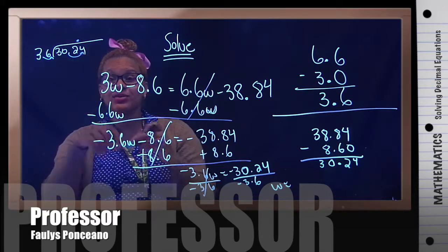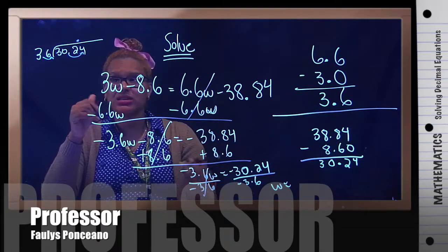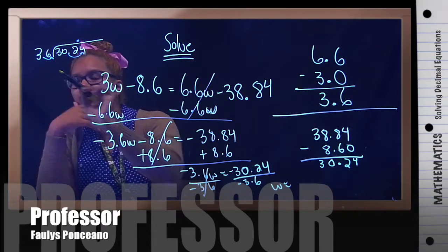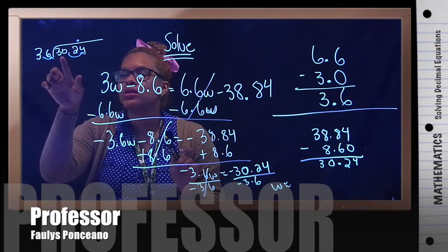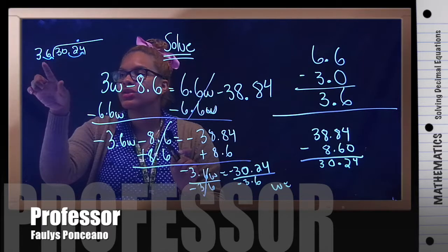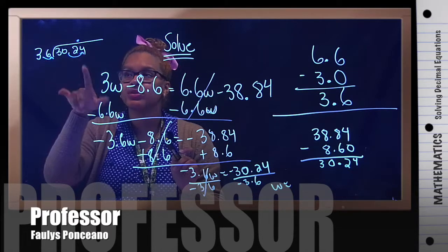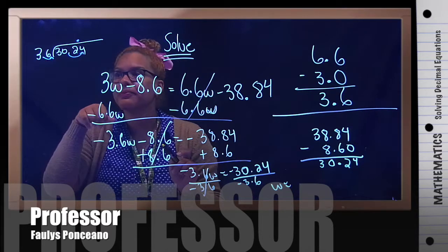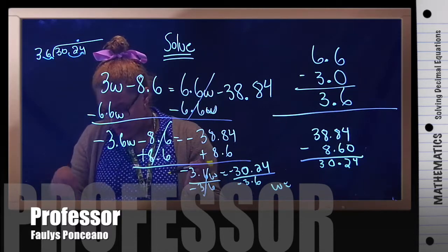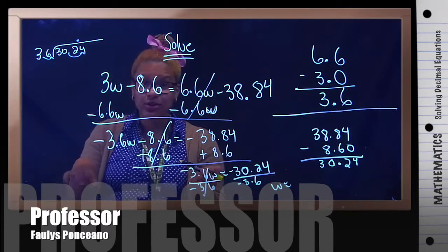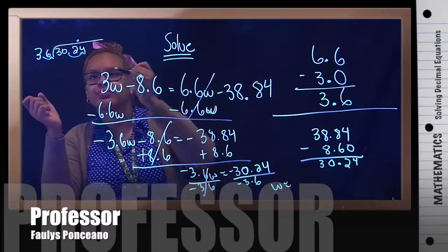Make sure you're organized with your long division. If not, it could be a mess. So we have 36 divided into 3. It doesn't work. 36 into 30. 36 into 302. Yes, it goes in, right? So what would that be? I have it right here because I did it ahead because I wasn't going to remember. And that's 8.